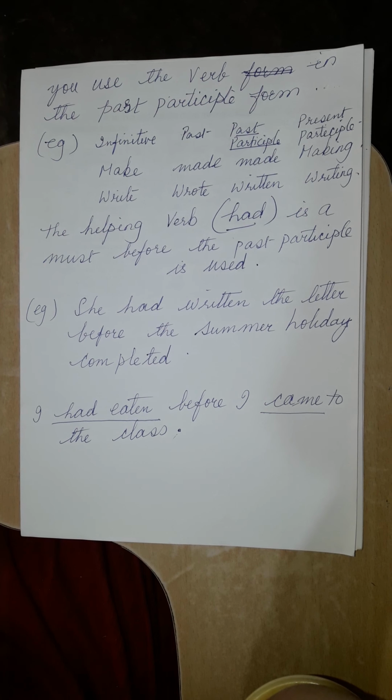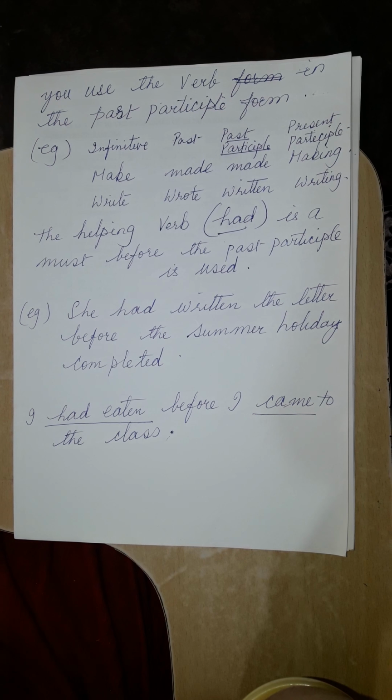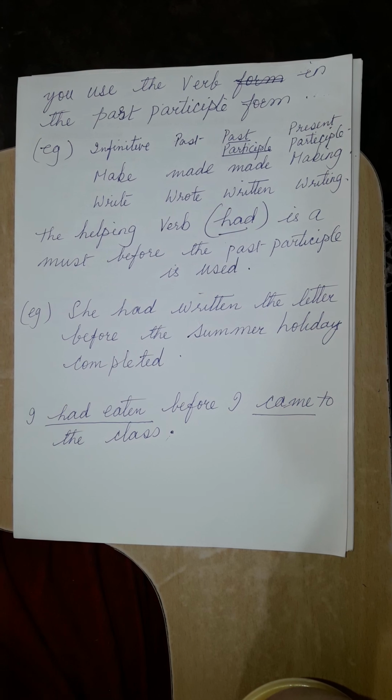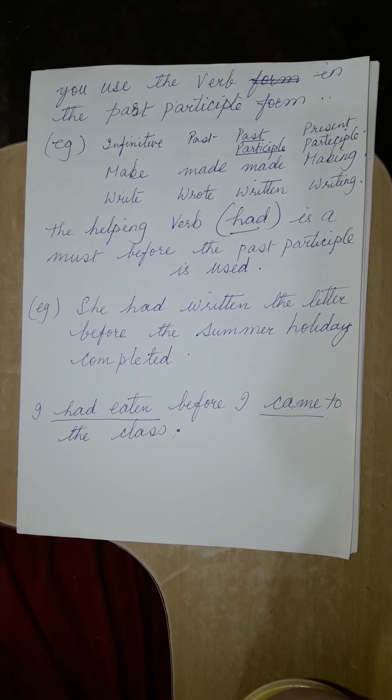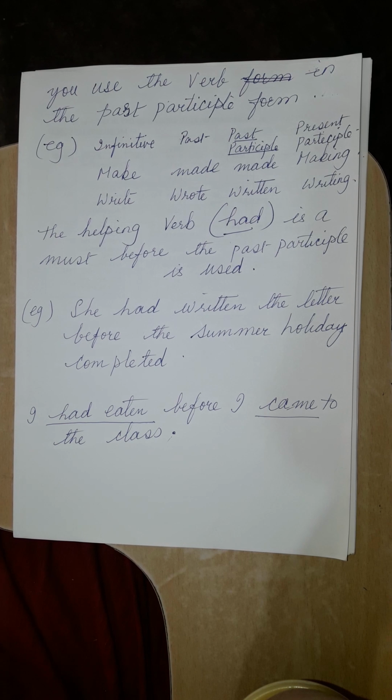So, for example, I had written the letter. She had written the letter before the summer holidays completed. I cannot say "she written the letter." No, she had written the letter. If it is present tense, then you put "she has written the letter."